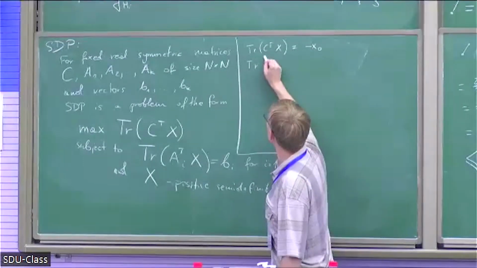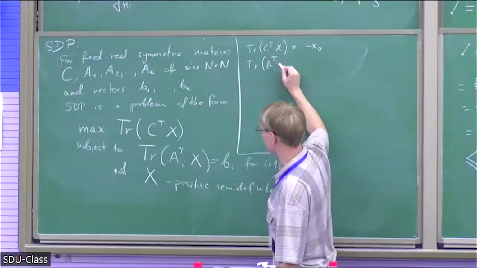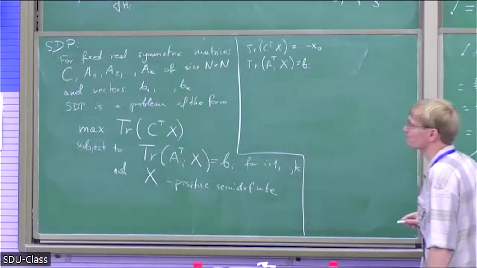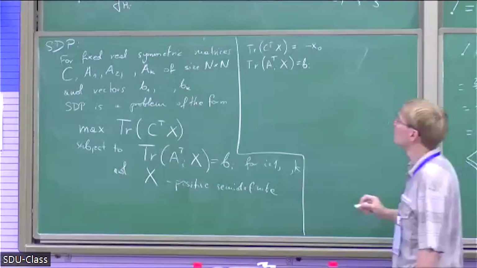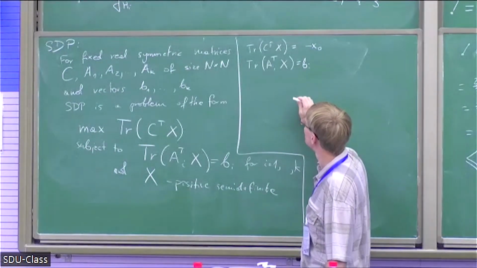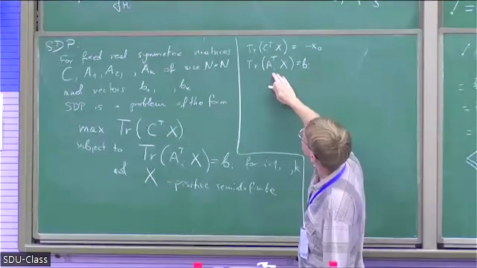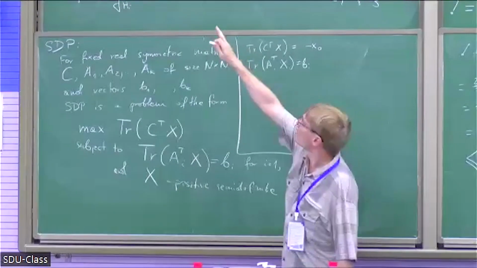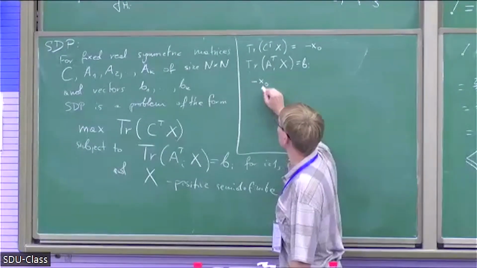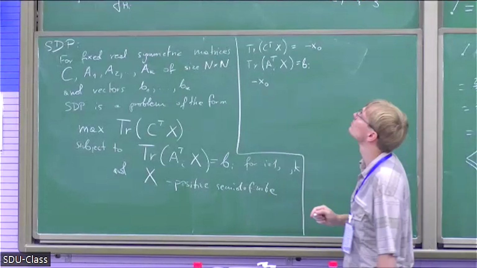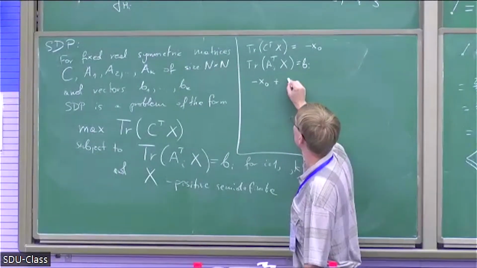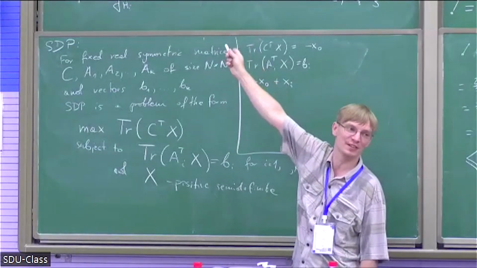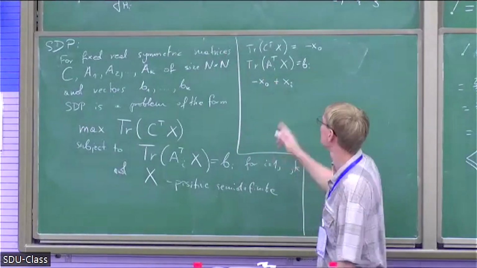Now, what's this, the trace of those matrices times X equals Pi? What does it mean? I take this matrix, multiply by X. -1 in the corner gives me minus x0. Then I get plus xi, because I have 1 on the ith place and everywhere else on this diagonal is 0.